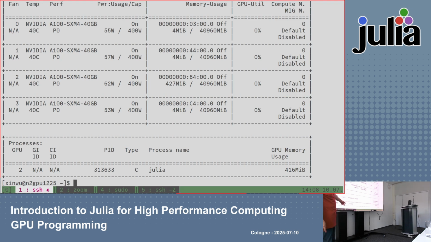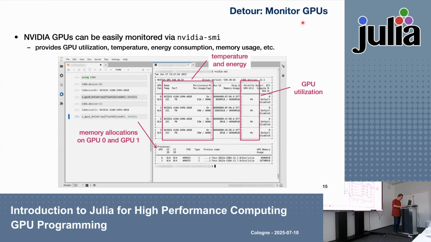Of course, NVIDIA will never put C for CPU, because of business. This means CUDA. So in this way, you can monitor your GPU utilization, processes, Julia or whatever, memory usage. So this is very convenient. Of course, this is also available from JupyterHub, but you need to open a terminal session to do that.